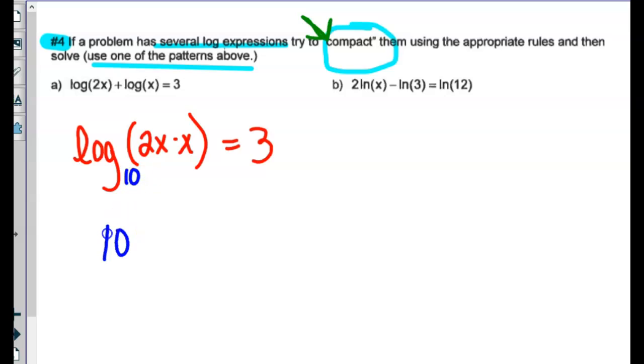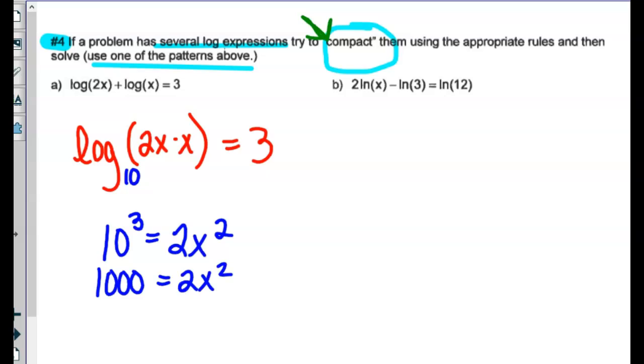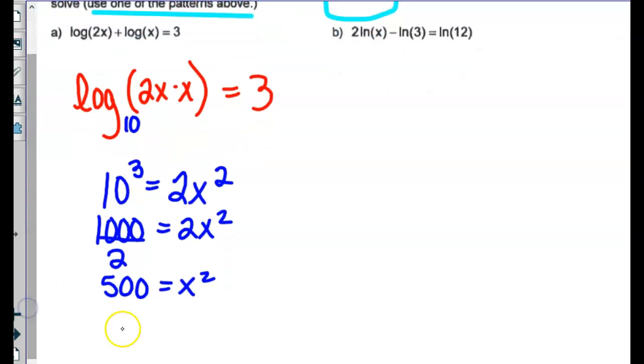Rewrite it as 10 to the third equals 2x squared. This is 1,000, and what am I going to do to solve this? Divide by 2, be 500. And then I'm going to square root. Now we get to a little issue here. The square root of x squared should be a plus or minus.